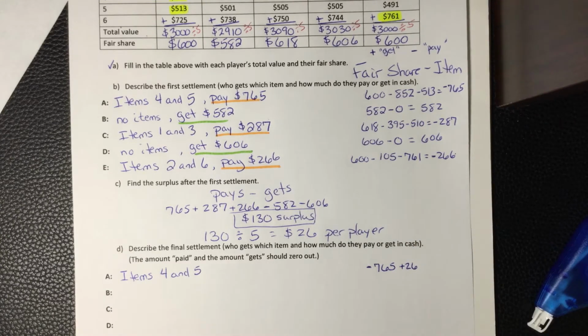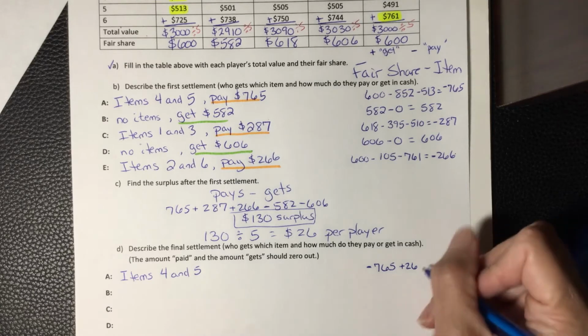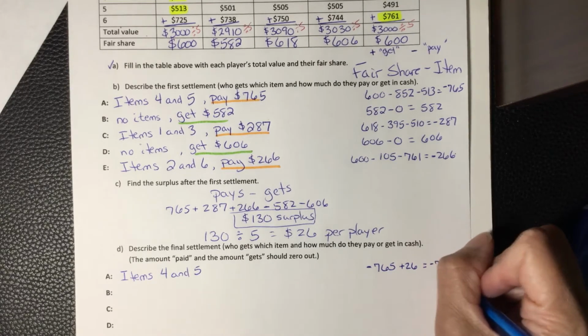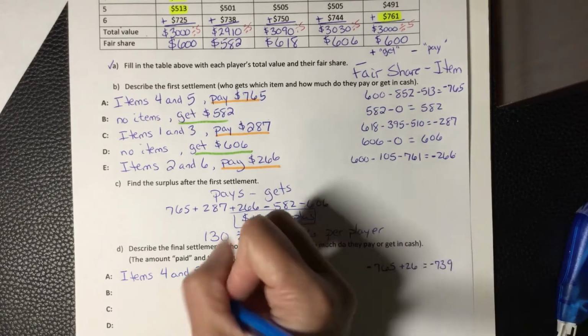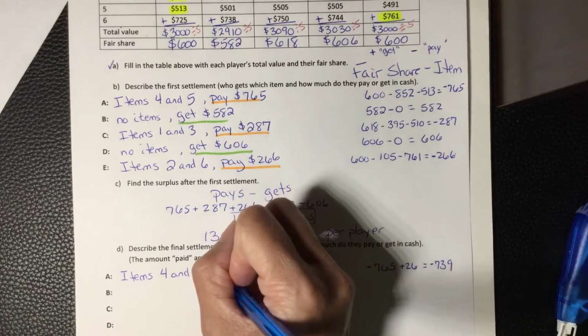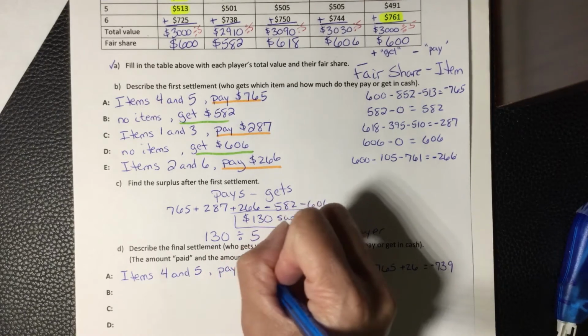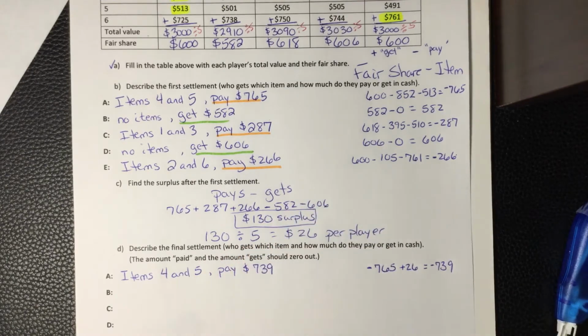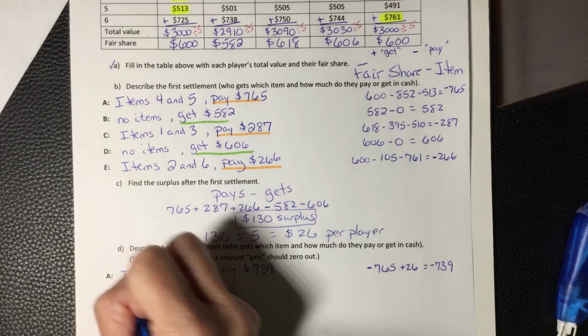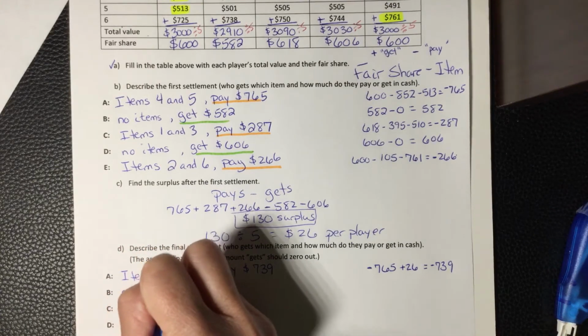So negative $765 plus 26. They're still going to pay, but they're not going to pay quite as much. So they're going to, here comes my cat, they're going to pay $739.